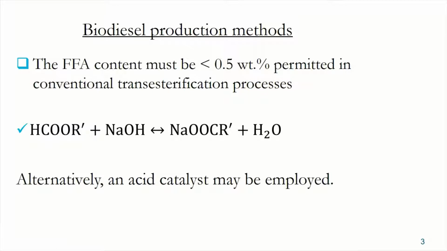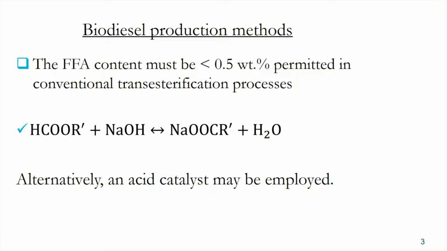Now, typically this transesterification process is used because it is most convenient. All you need to do is introduce an alkali catalyst, and it happens in relatively short times. We're talking about 2 hours or thereabout. Now, to bypass this, an alternative approach to produce biodiesel involves the use of an acid catalyst. In other words, you replace the alkali catalyst with an acid, a protonator.